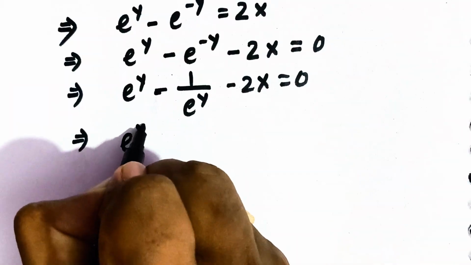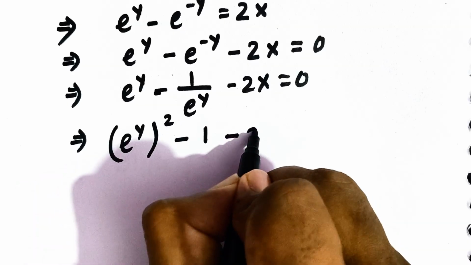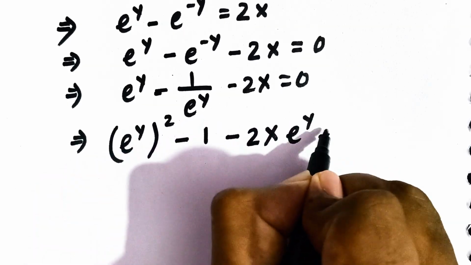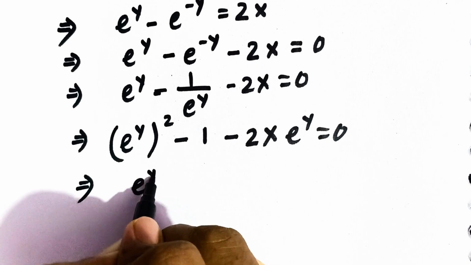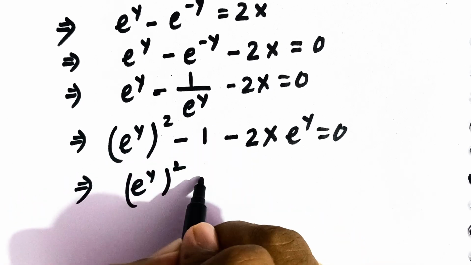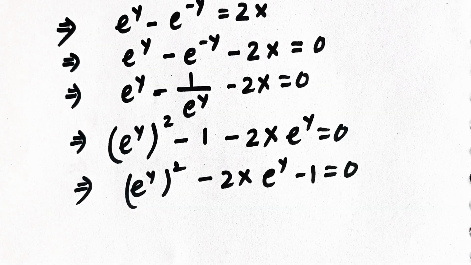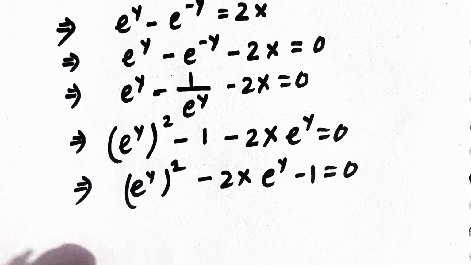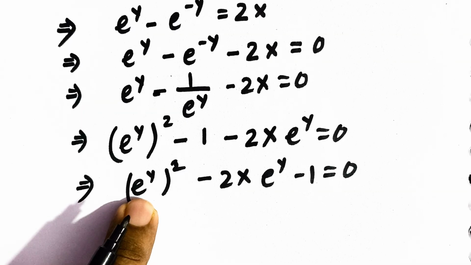So here we have (e^y)² − 1 − 2x e^y = 0. Let's rearrange the terms: (e^y)² − 2x e^y − 1 = 0. Now this is in a quadratic form in terms of e^y.